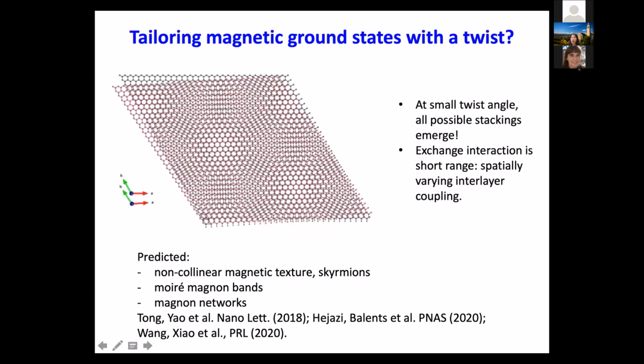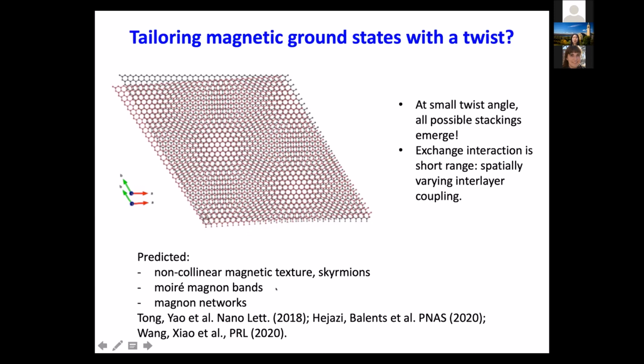At small twist angles, we can see all possible stackings emerge, so this is some kind of AA stacking, and monoclinic, rhombohedral, they all come out. And we know exchange interaction is short range. So spatially varying interlayer coupling immediately emerges by just doing a small twist.